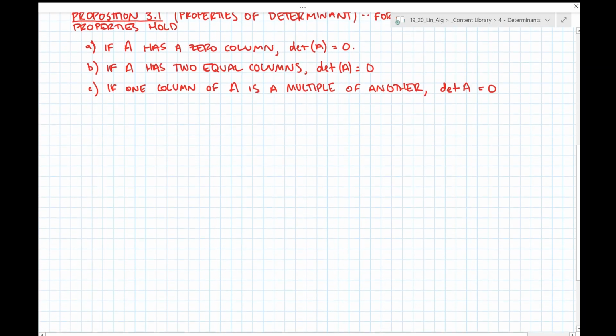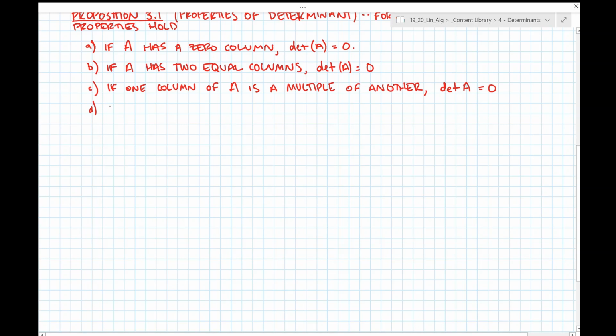And this is the big one: if the columns of A are linearly dependent, think about what that means.